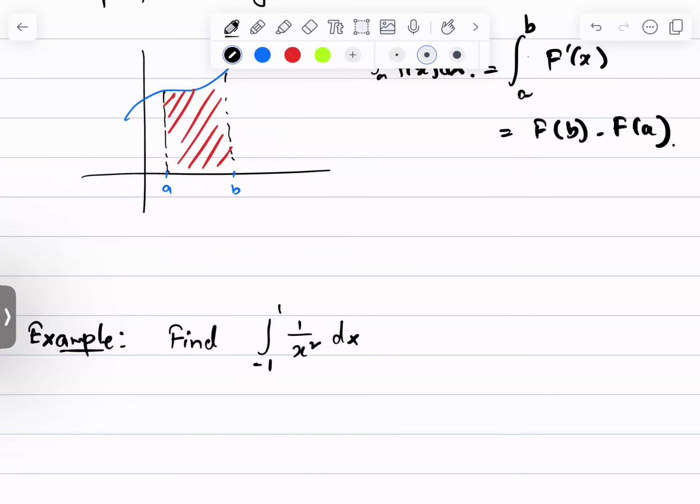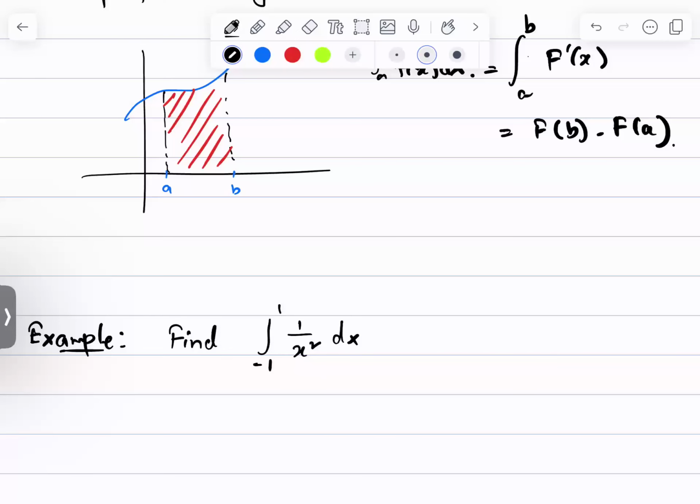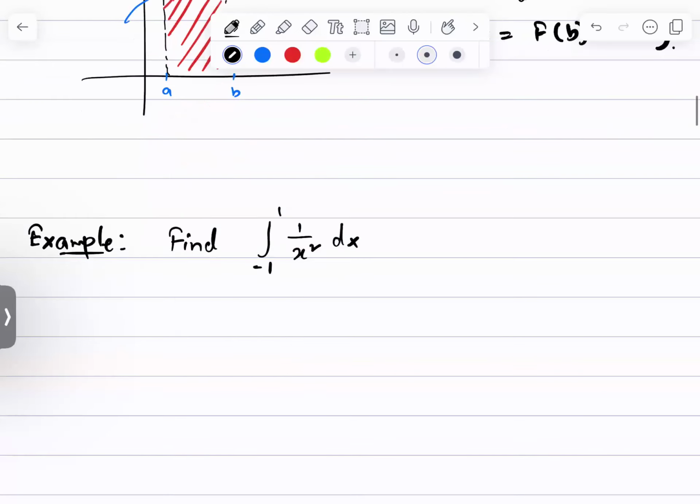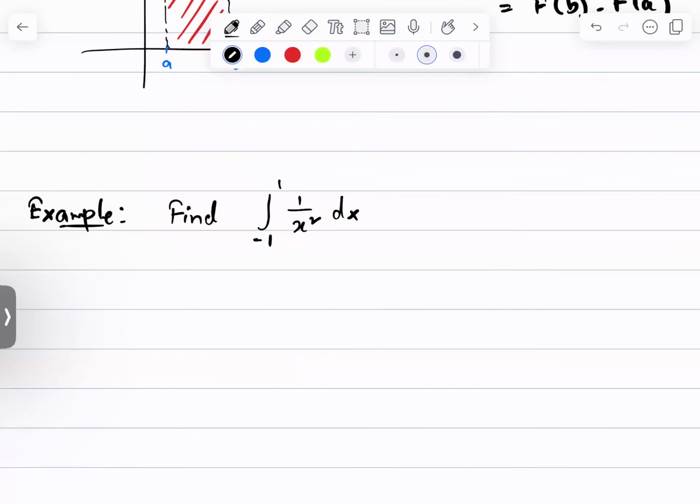Now the question is, if you have one integration like this, integration from minus 1 to 1 of 1 over x squared dx, then your natural instinct should say that why not I do it like this, x to the minus 2 dx.